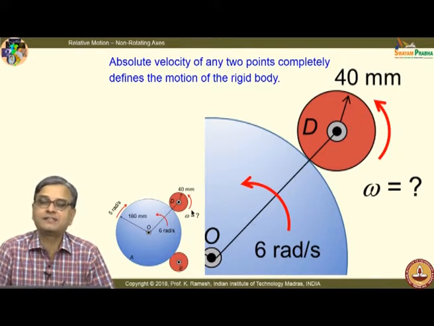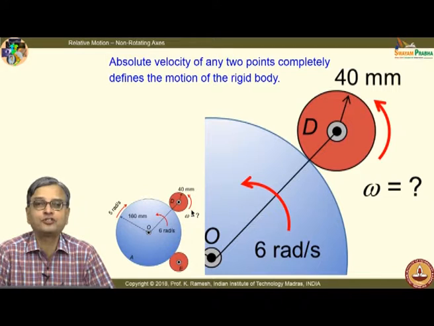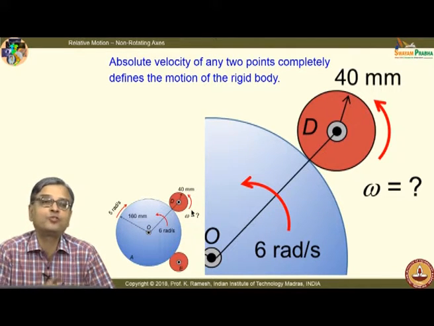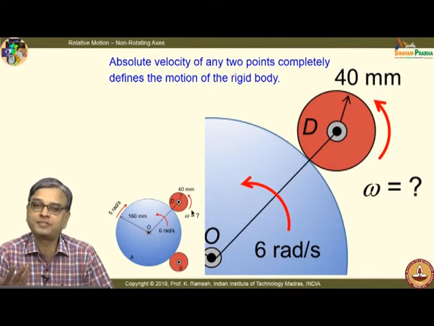I have already said I should be in a position to get the absolute velocity at any 2 points on the object. Then the motion of the body is completely understood.